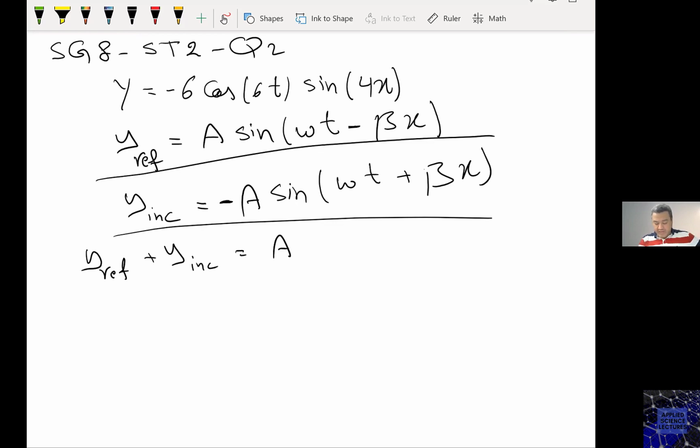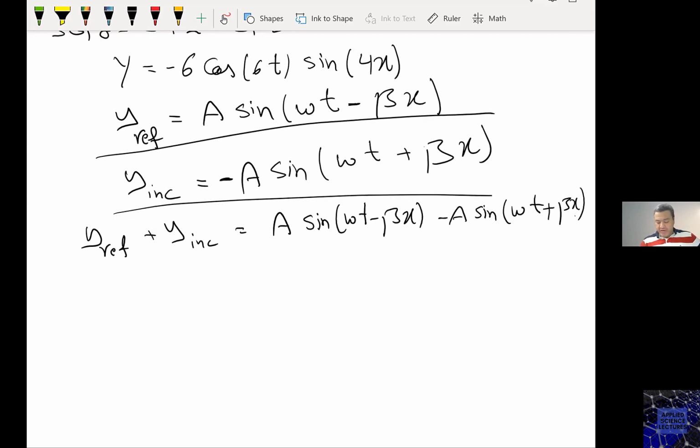I get A sine omega t minus beta x minus A sine omega t plus beta x.